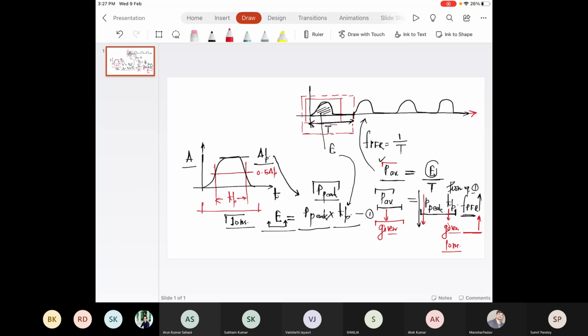So for an example, if a set of values are given for these parameters.